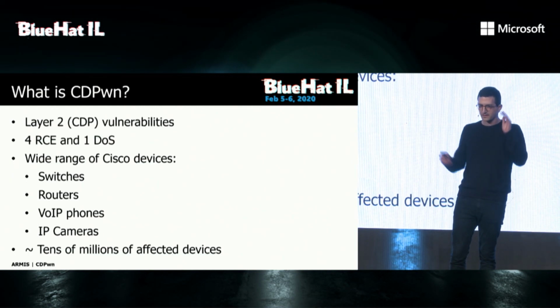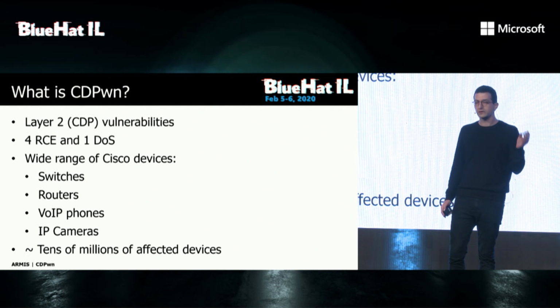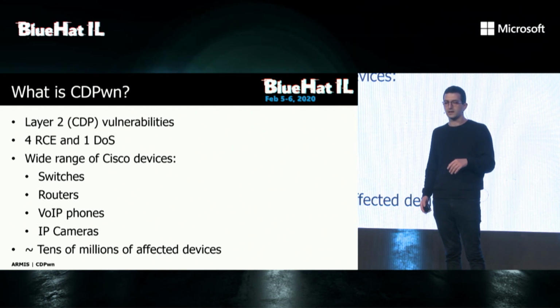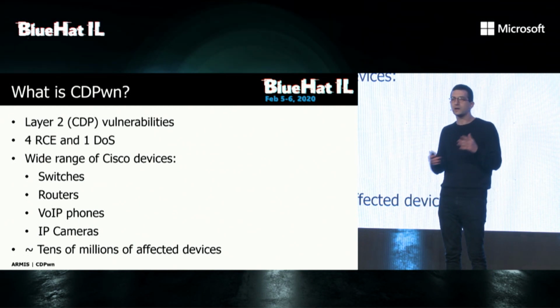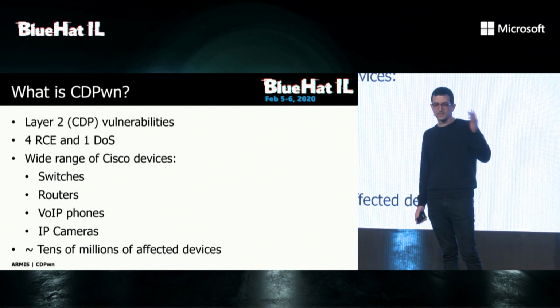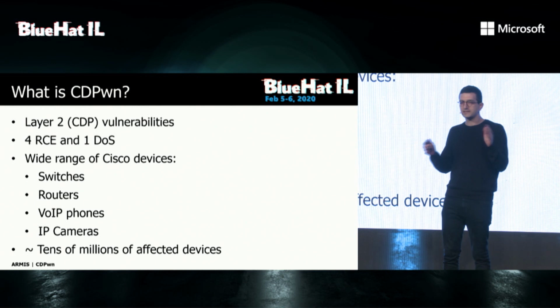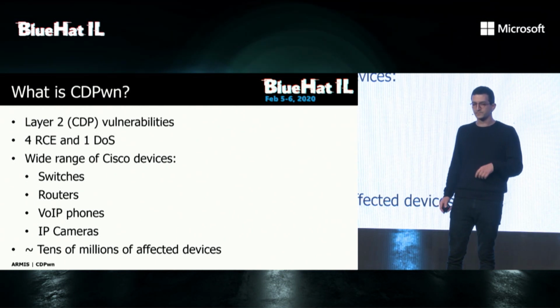So to begin at a high level, what is CDPwn? I said it's 5 vulnerabilities, but it's actually 4 remote code execution vulnerabilities and 1 denial of service vulnerability. It's in this protocol, in CDP. It affects a wide range of Cisco devices: switches, routers, IP phones, IP cameras, and an estimated number of around tens of millions of devices affected.